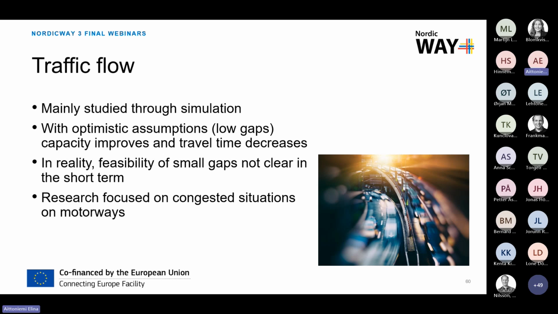But in reality, it's not clear if gaps smaller than those of human drivers are feasible, at least in the short term. And a lot of the research on traffic flow impact has focused on congested situations on motorways. So there's less known about lower traffic situations and also less about travel times in urban areas.